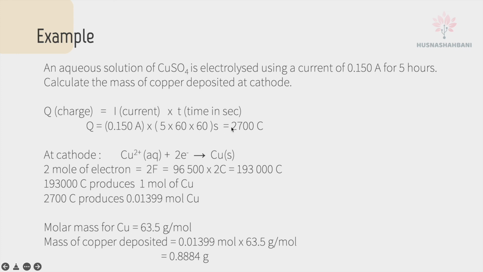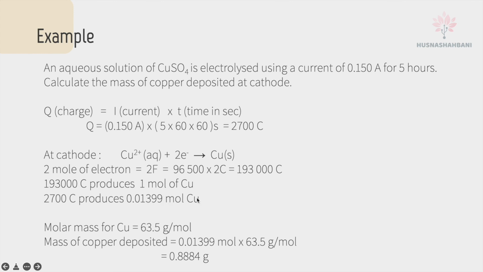But we only have 2,700 coulomb. 1 mole copper needs 2 mole electron. That's why you have 193,000. If 1 mole copper uses 193,000 coulomb, then with 2,700 coulomb, by cross multiplication, you will get 0.01399 mole copper.